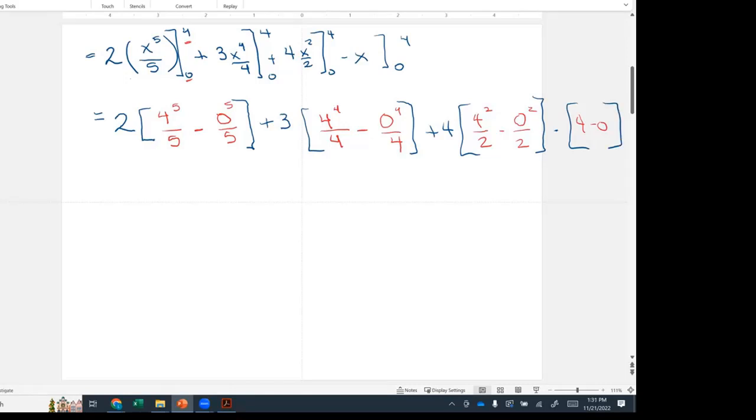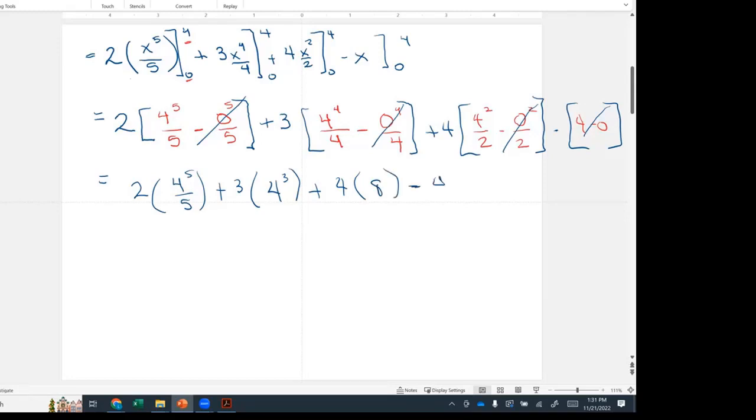And now we just evaluate, we come up with a number. Okay, this is going to cancel, this is going to cancel, this is going to cancel, this is going to cancel. And you're going to get 2 times 4 to the 5th over 5 plus 3 times 4 cubed, actually, I'm going to cancel one of these 4s, plus 4 times 16 over 2, which is 8, minus 4.